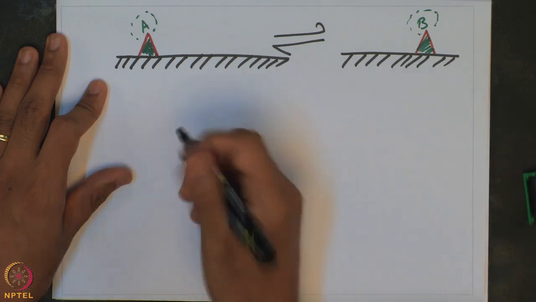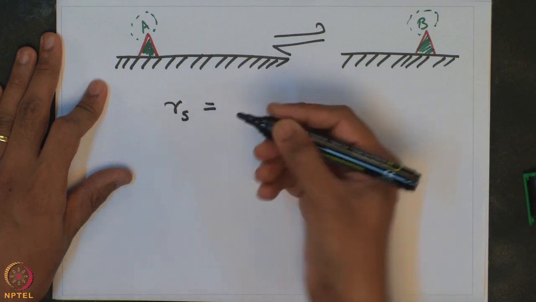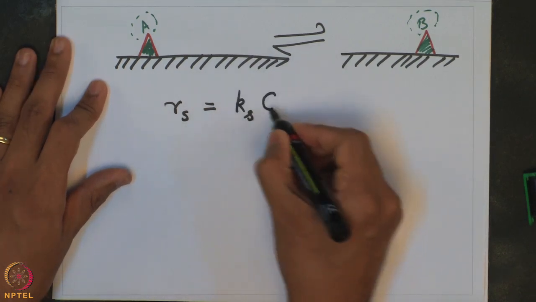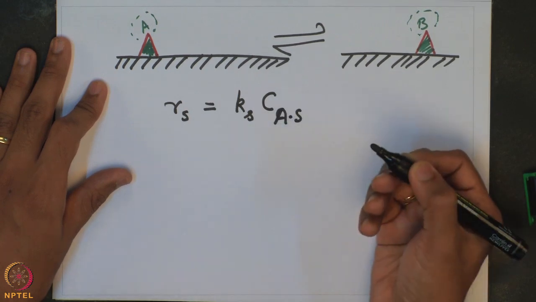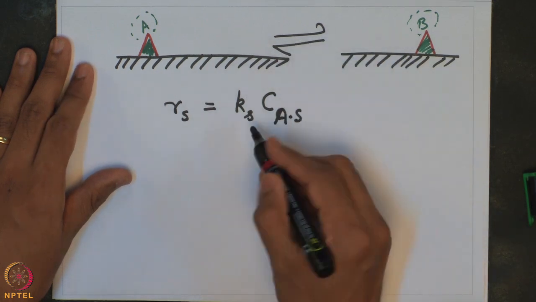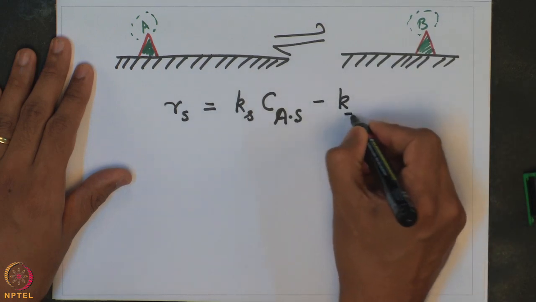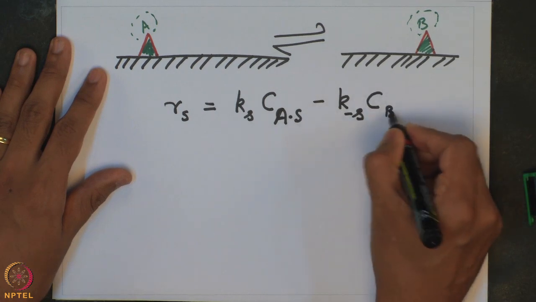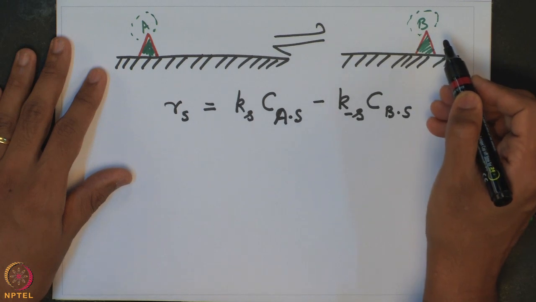the rate at which this reaction happens. Rate at which this reaction happens is essentially given by Ks into concentration of the adsorbed species onto the active sites, C_As, which is essentially the rate at which the forward reaction happens, minus K minus S into C_Bs, which is the concentration of the adsorbed product species.